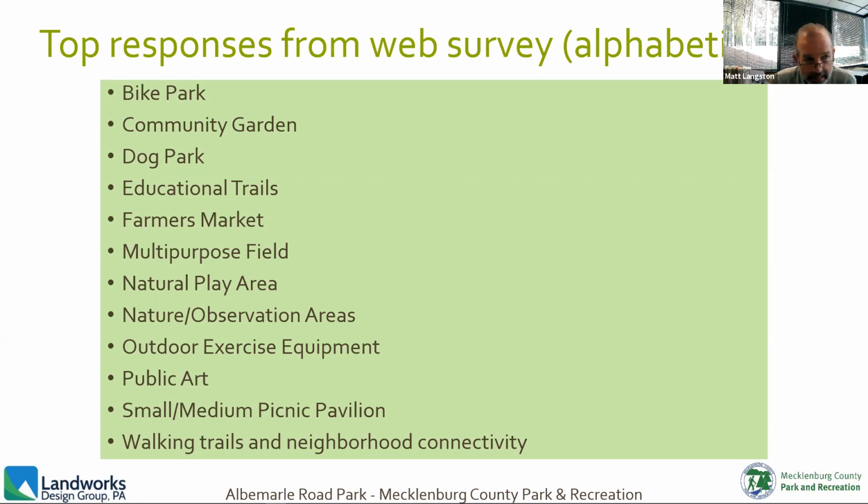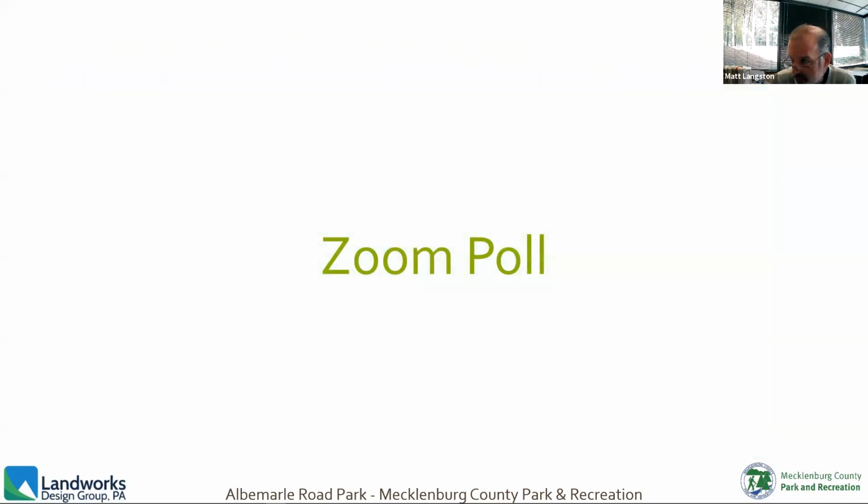What we'd like to do next is, if Katie can push the poll button, you should get a poll up on your screen. We'd like you to pick the top three, because with the master plan we can plan for the future, but with a $250,000 phase one budget, we can't do everything immediately.